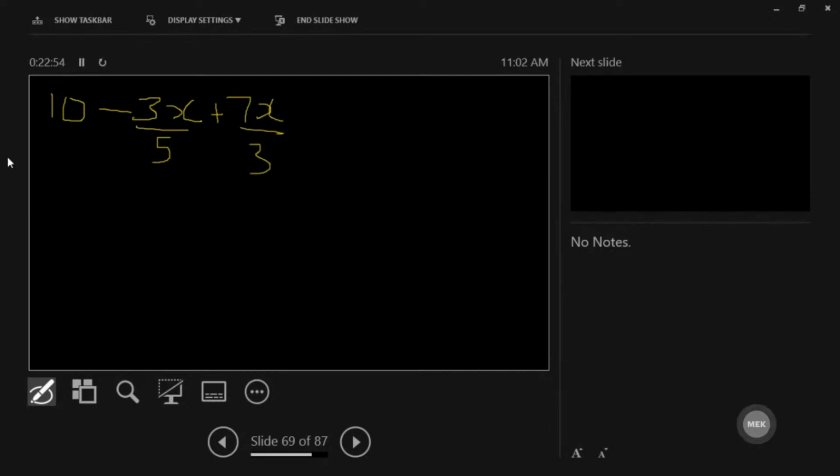So we know we need to put this 10 over 1. Always do that. The LCM of 1, 5, and 3 is 15. 1 into 15 goes 15 times.